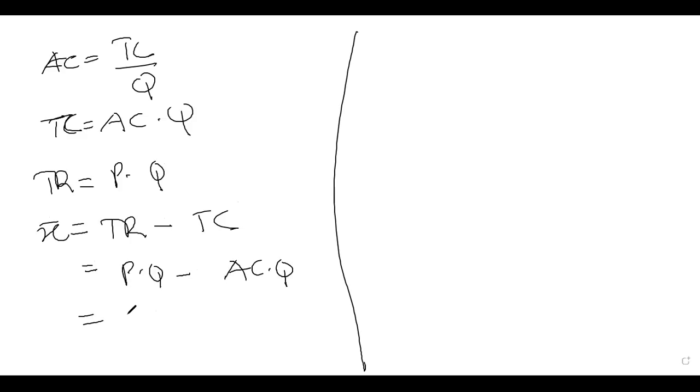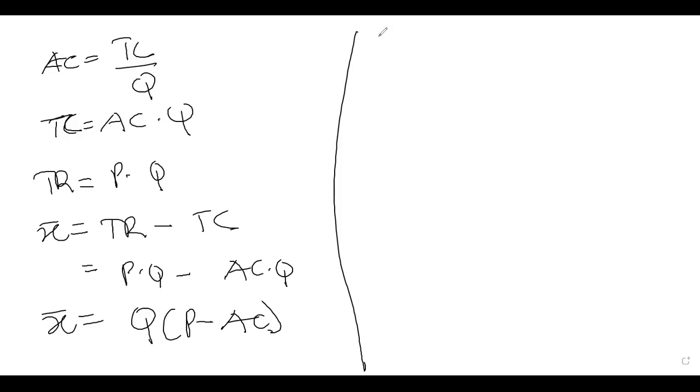If you factorize the quantity out, profit is equal to quantity times price minus average cost, okay? And I'm doing this for us to get a shortcut for the profit. If you don't understand what I'm doing, you can just do the normal total revenue minus total cost. You still get the same profit.